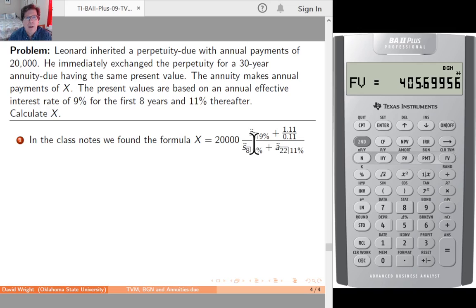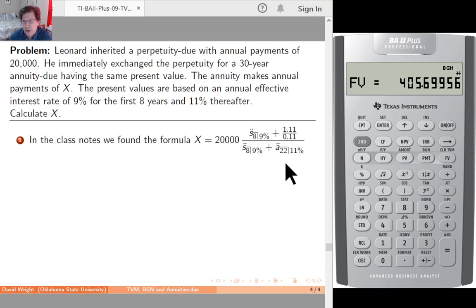The perpetuity due tells you that the payments are at the beginning of each payment period. And then down below you divide by the same accumulated value, S double dot for 8 years at 9%, plus the present value, A double dot, for the remaining 22 years at 11%. And that is the formula.